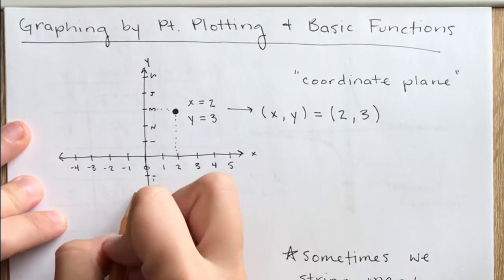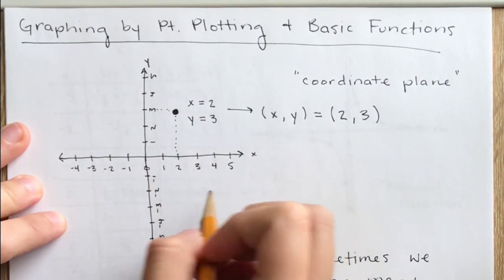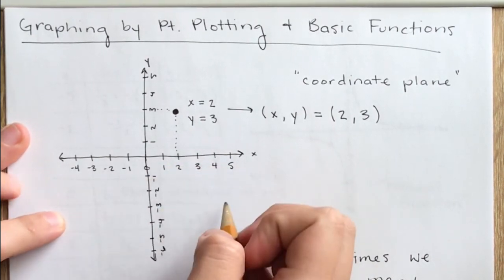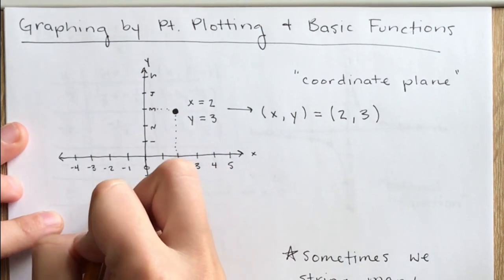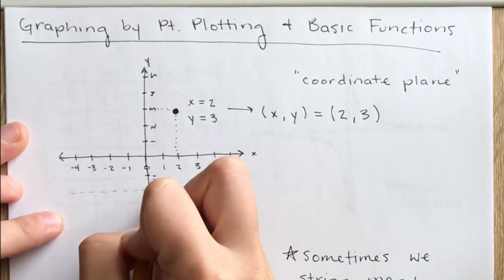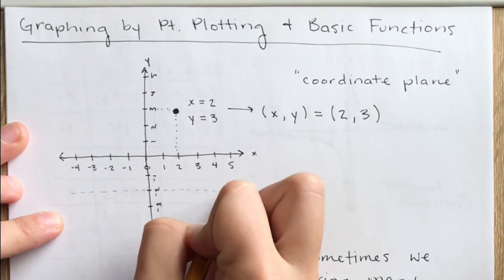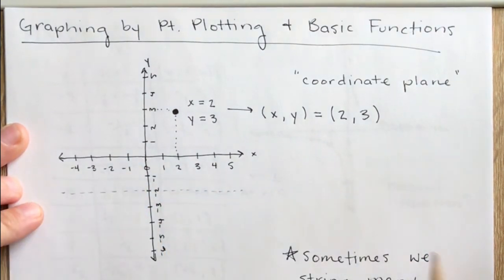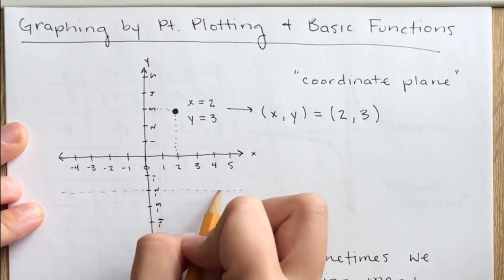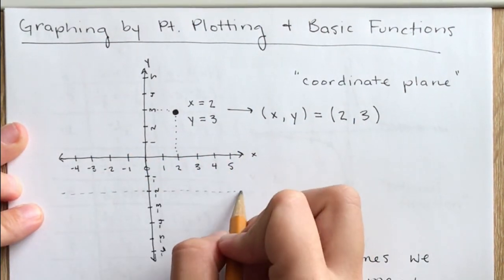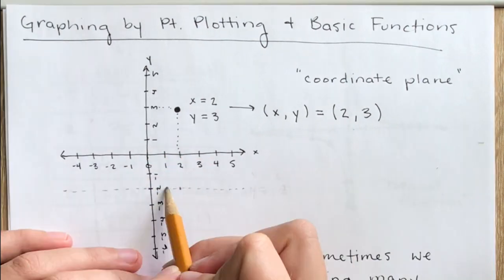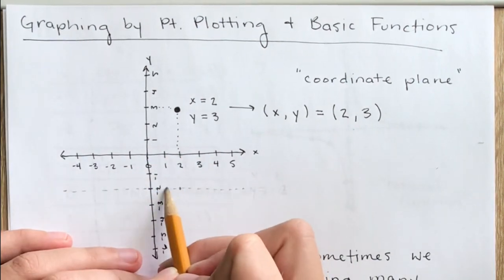Something else to note here is how we can look at different parts of this space. So, for instance, if I'm looking at this line here, every point on this line has what in common? Well, this is (1, -2).